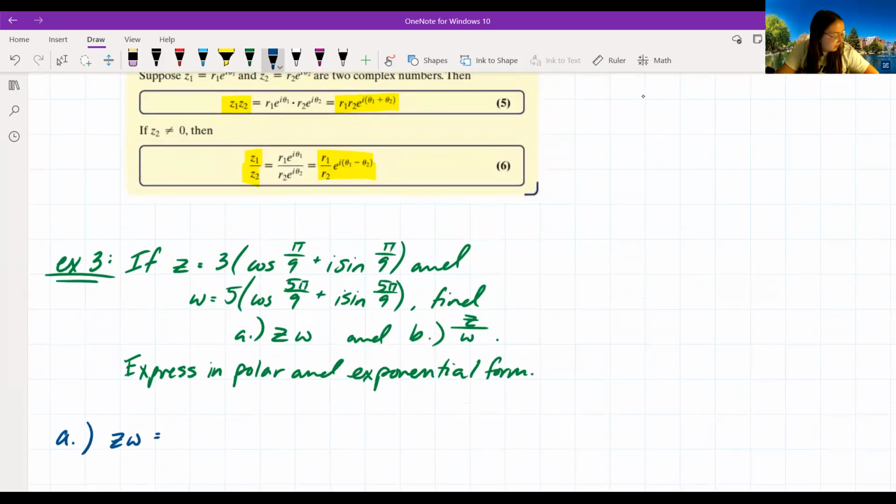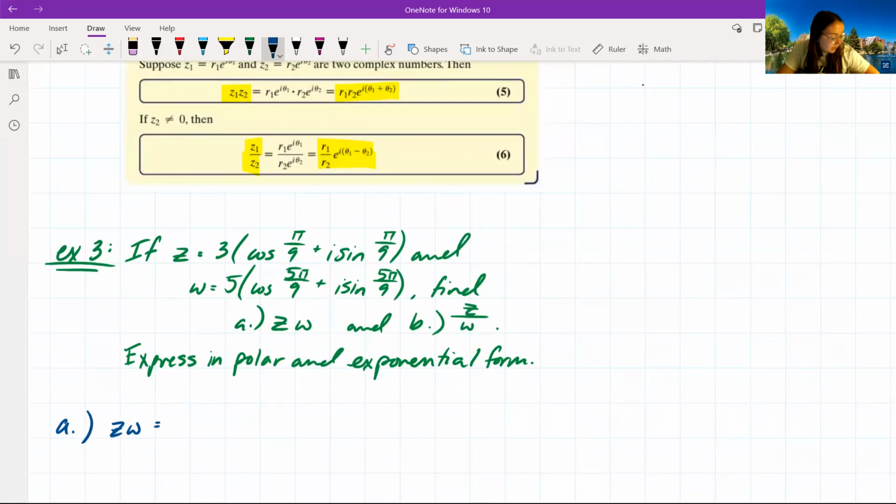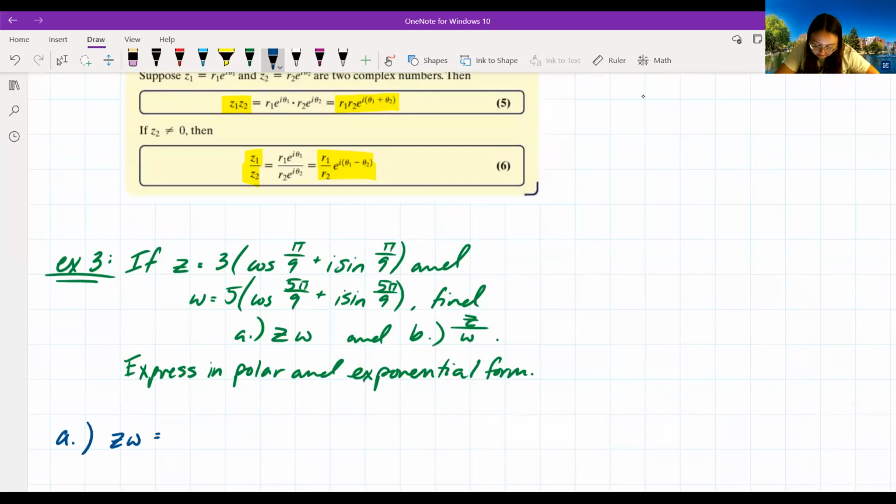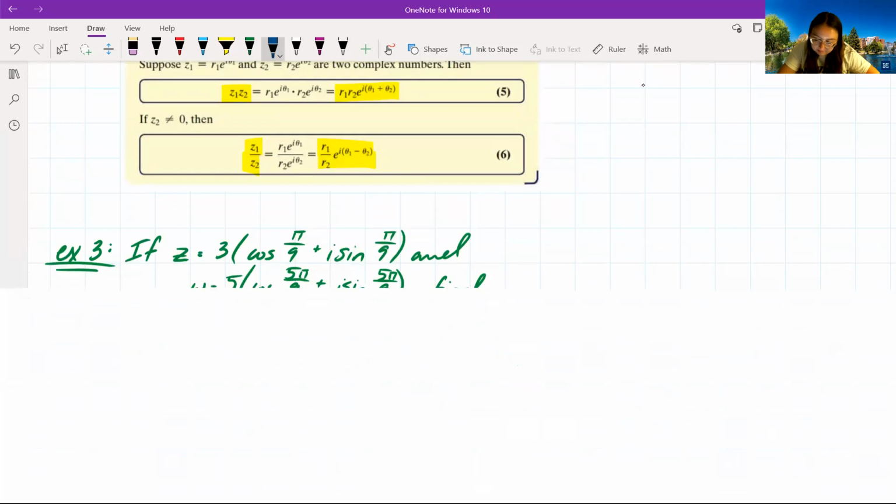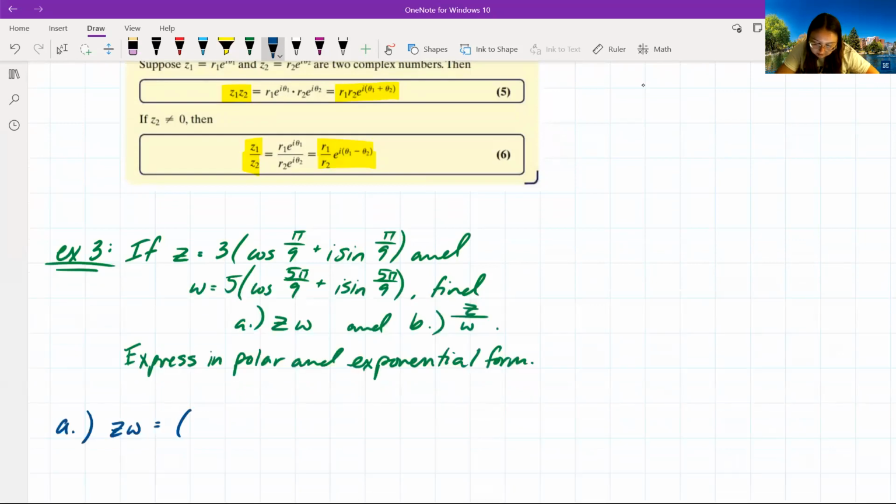So z times w is going to end up becoming first, 3 times e to the power of i pi over 9, then times 5 e to the power of i times 5 pi over 9.